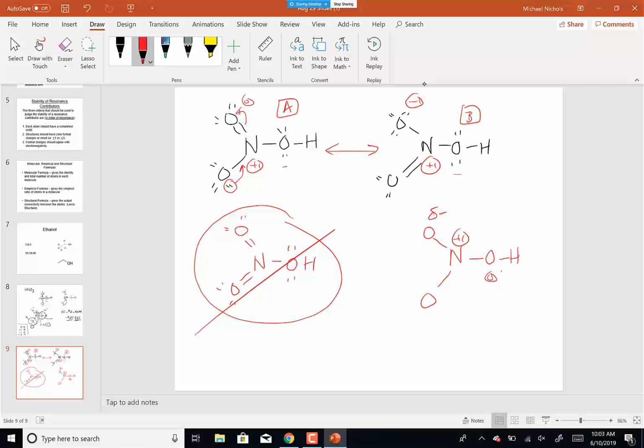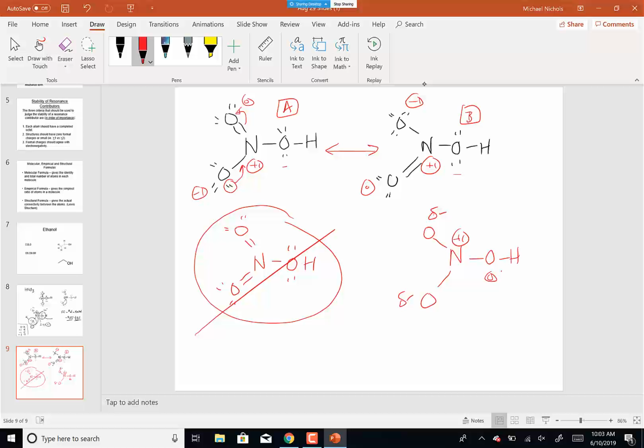And then what about the bottom oxygen? Same thing. It's got a -1 charge here, a 0 charge there. It's going to be delta minus as well. So that -1 charge, because the nitrogen is +1, is split up between those 2 oxygens.